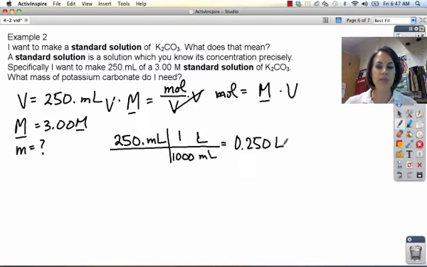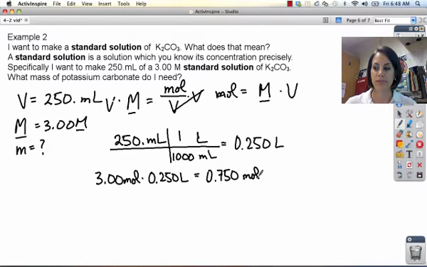Okay, now I'm going to substitute everything into my equation here. So moles equals my molarity, which is 3.00 molar, times my volume, which is 0.250 liters, and that's 0.750 moles of potassium carbonate.